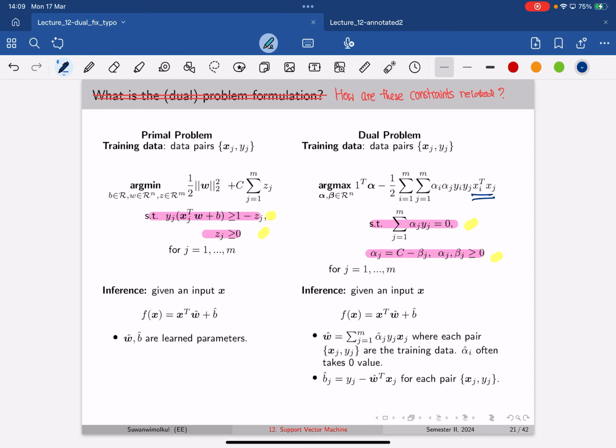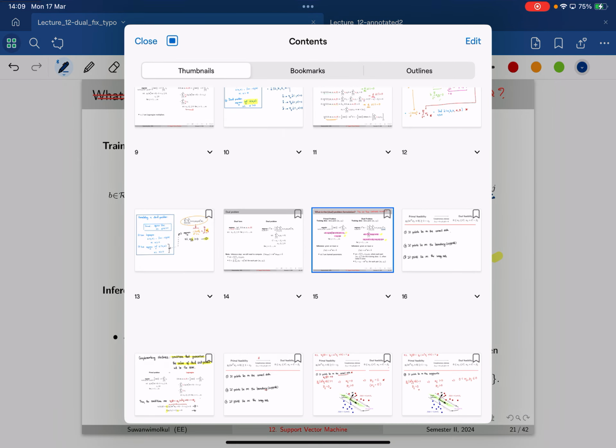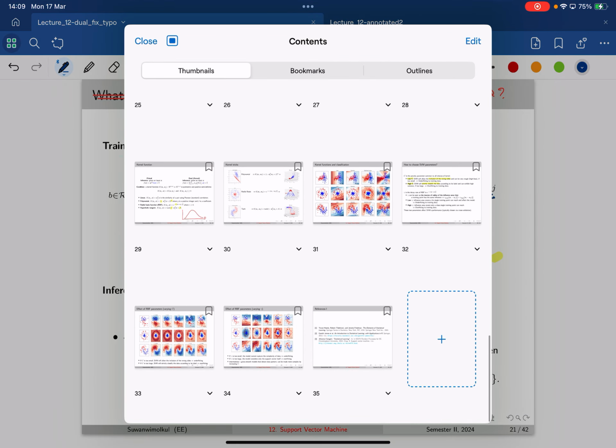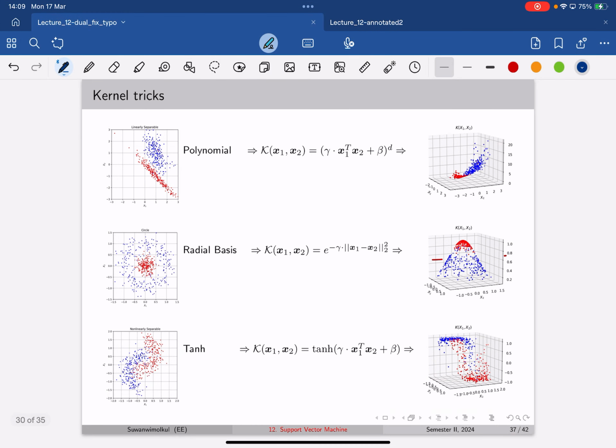In dual form, it looks like this, but in fact, you can change this mapping into other functions. For example, you can replace that with some polynomial, which is still dot products between vectors, but you also have this power term to change the mapping dimension.